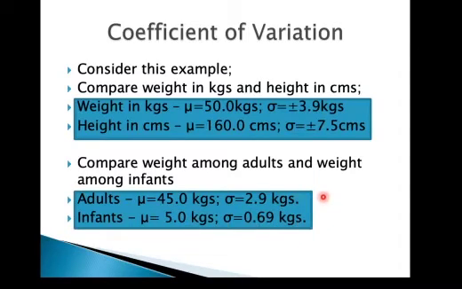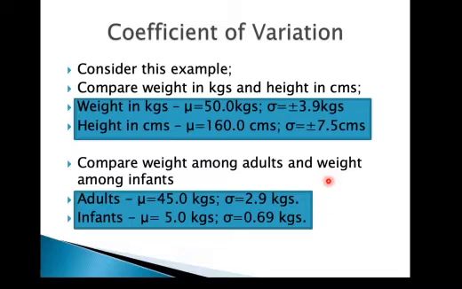Again, if we were asked which has more variability, it seems that there is more variability among the adults' weight because the standard deviation 2.9 is much higher than 0.69 in the infants. But then again, we cannot really tell because though we have the same units in kilograms, we have different categories. One, adults, another one, infants.